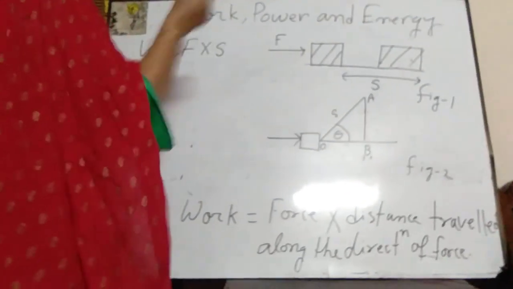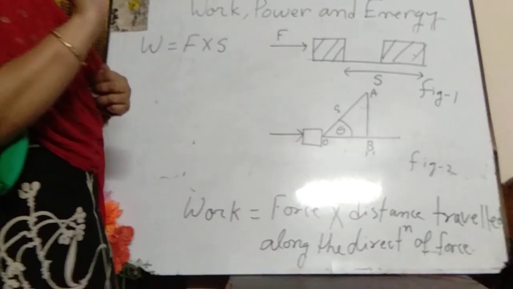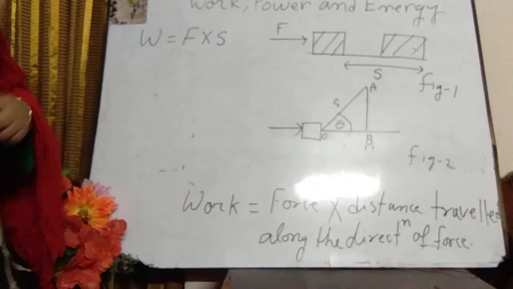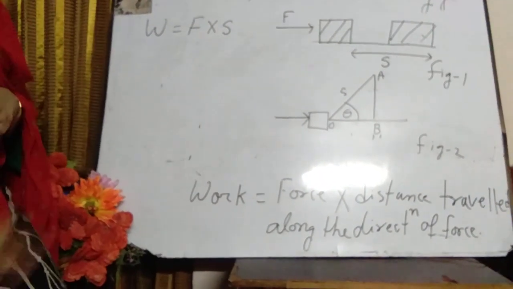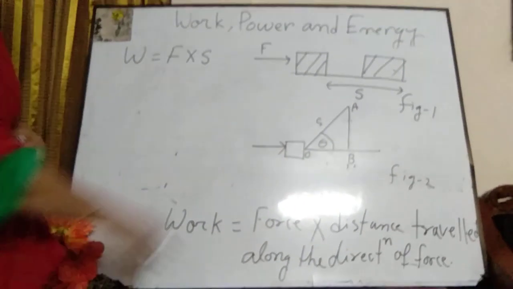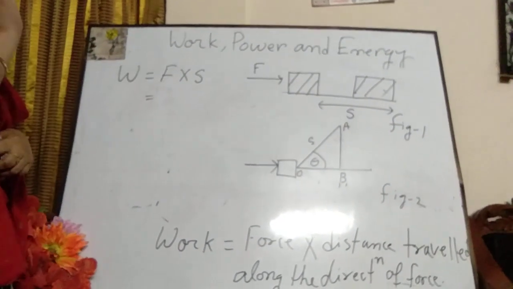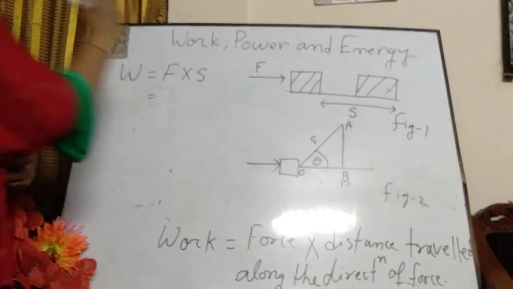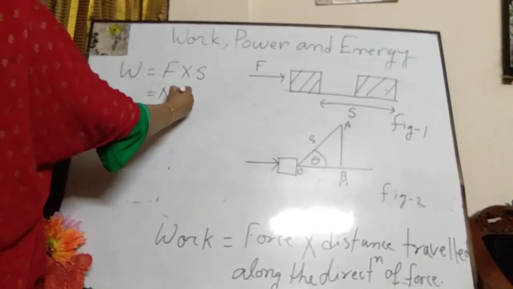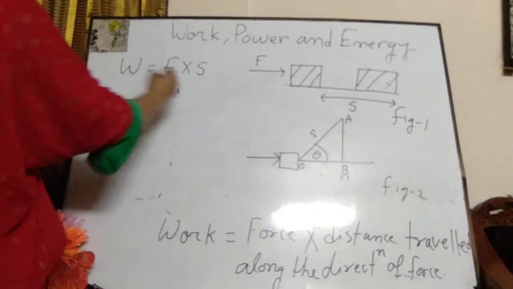Now we can find out the unit of work. Unit of work is called joule. You know the unit of force is what? Newton. And the unit of displacement is what? Meter.